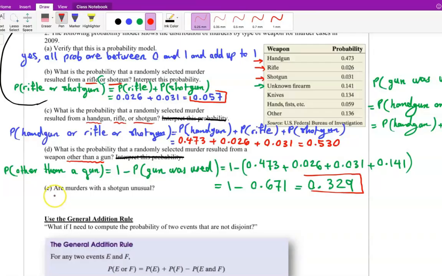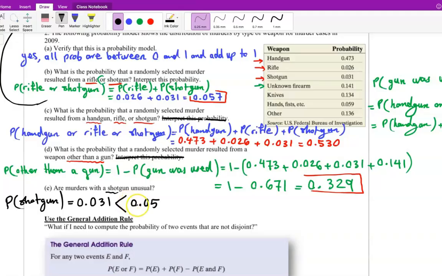Next part, are murders with the shotgun unusual? Remember, for unusual, you should have probability less than 5%. So probability of, here asking for shotgun, and based on this table, we have 0.031. So compare this one with 5%. This is obviously less than 5%.